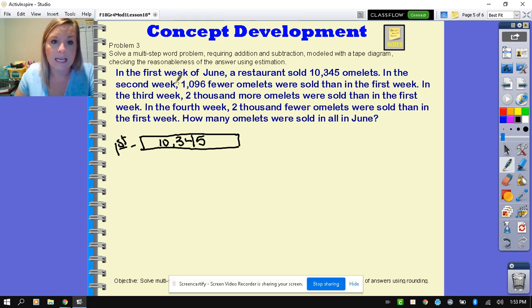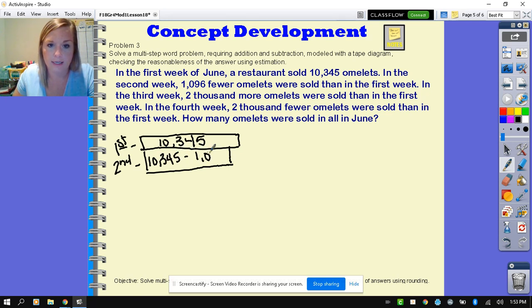Okay, the second week, so I'm going to label it second, we had 1,096 fewer omelets than in the first week. Well, the first week doesn't change, so we have 10,345 minus 1,096.